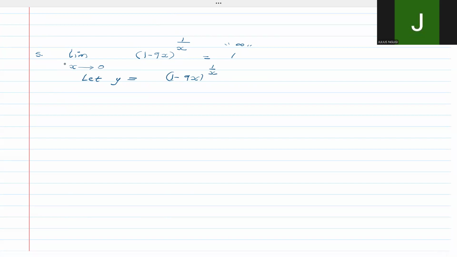So if we introduce natural logarithm, we have natural log of y equals natural log of 1 minus 9x to the power of 1 over x. And by the properties, we'll have natural log of y equals 1 over x times natural log of 1 minus 9x.